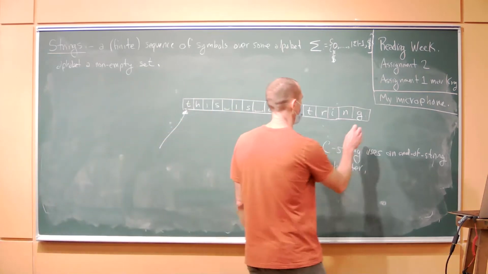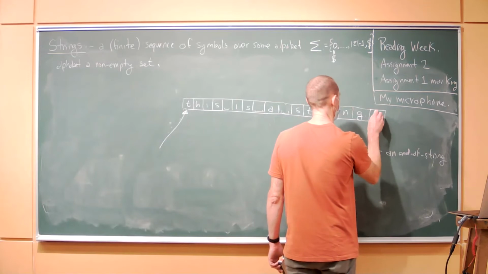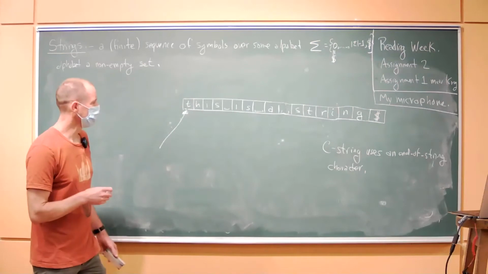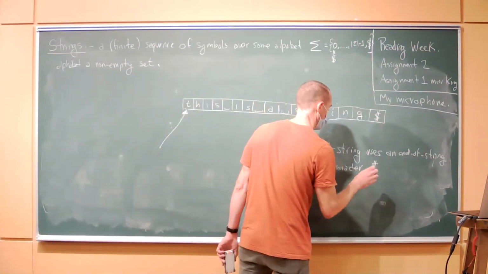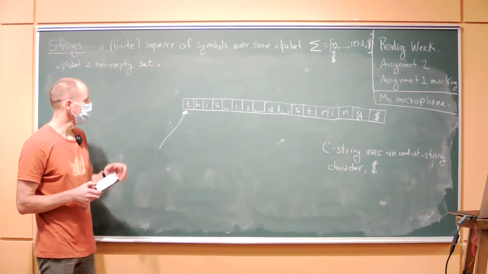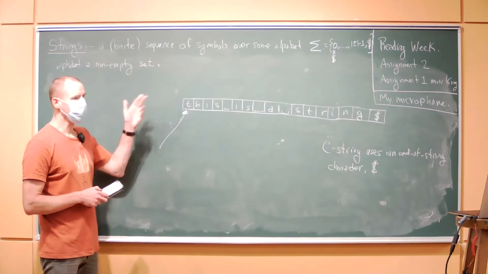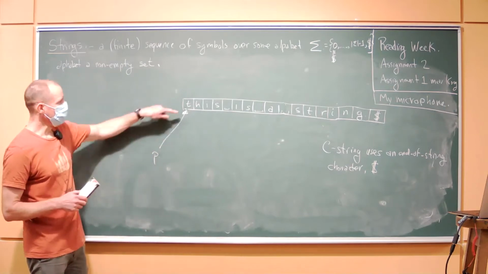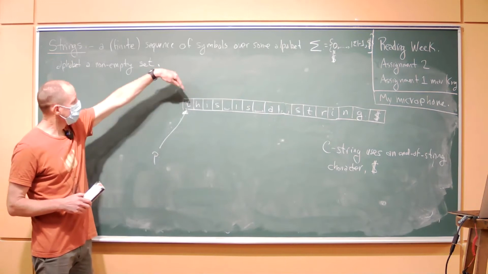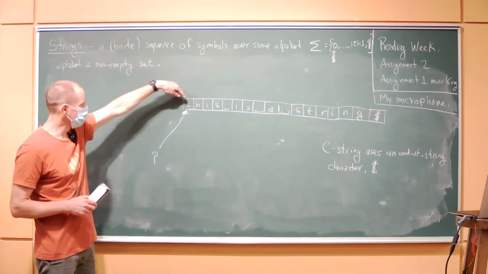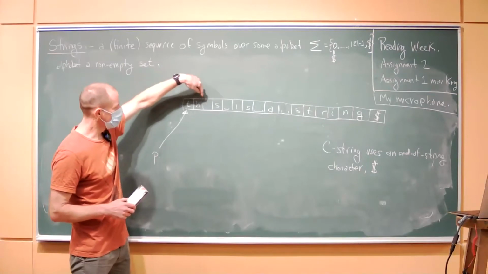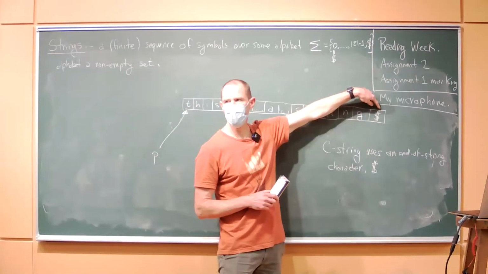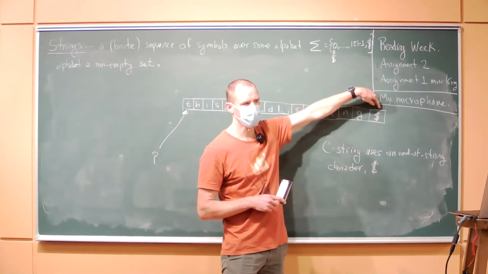So in this picture, that would be this thing ending in that end of string character. We'll always use $ for that. It comes from regular expression syntax, I guess. So this is what a C string looks like. It is a pointer to a memory location. If you start reading the characters at that memory location consecutively, eventually you will get to one which is the end of string character. That's how you know you're at the end of the string. That's the only way you can know you're at the end of the string.